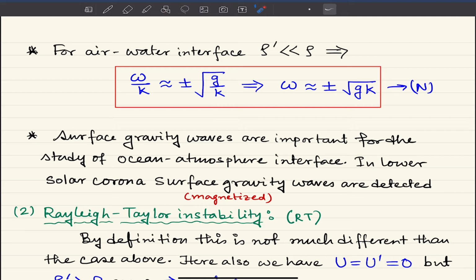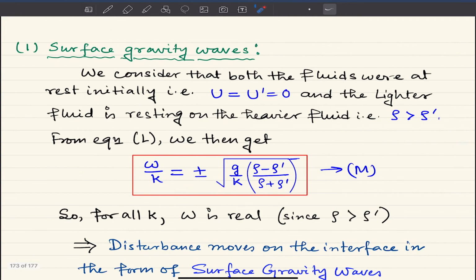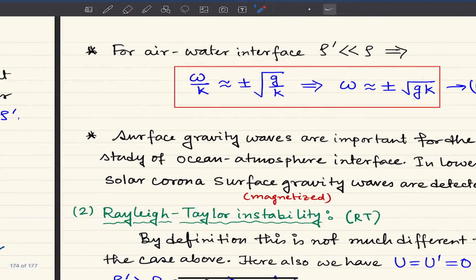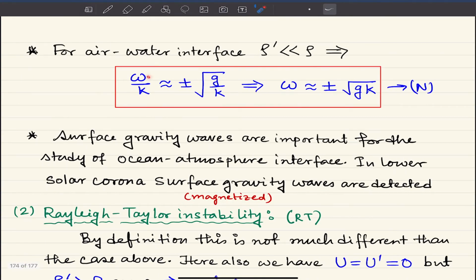So reasonably we can approximately use our current framework. If we do that, then both rho minus rho prime and rho plus rho prime will be approximately equal to rho, and this will get cancelled, and we will have simply omega by k almost equal to plus minus root over g by k. So omega will be equal to plus minus root over gk.